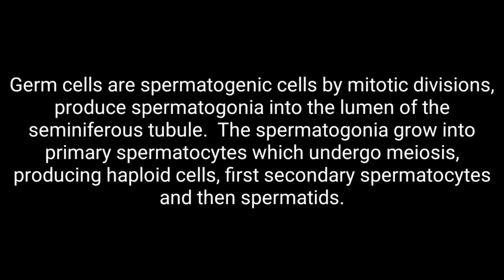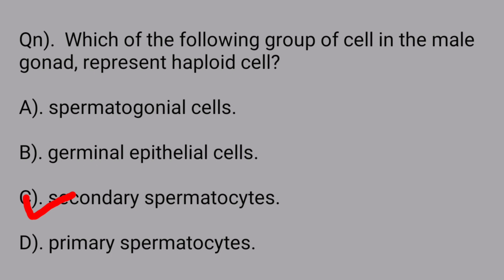Germ cells, the spermatogenic cells, by mitotic divisions produce spermatogonia into the lumen of the seminiferous tubule. The spermatogonia grow into primary spermatocytes, which undergo meiosis producing haploid cells, first secondary spermatocytes and then spermatids. Hence, option C, secondary spermatocytes, is the right answer.